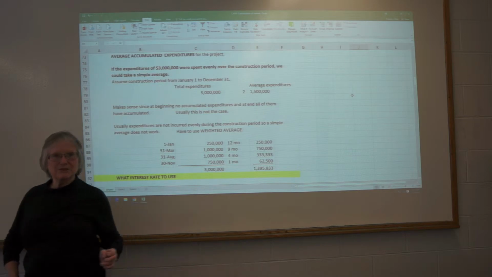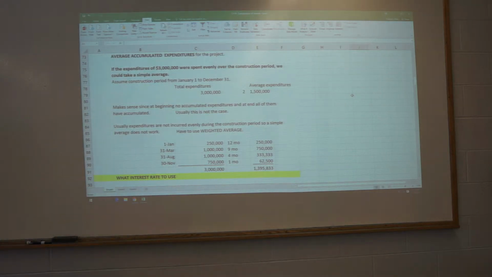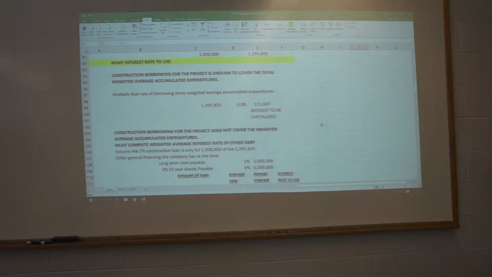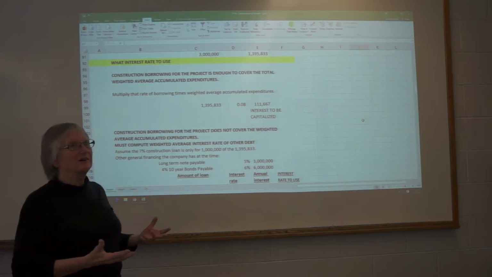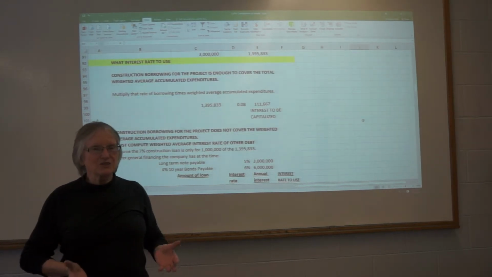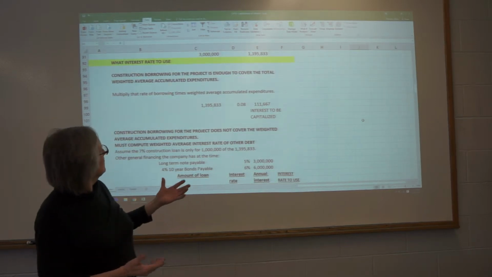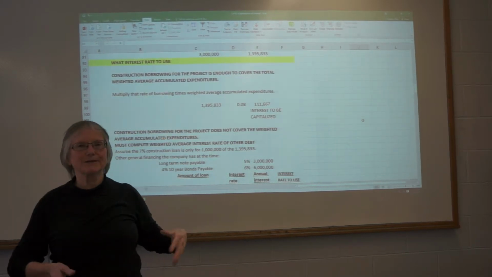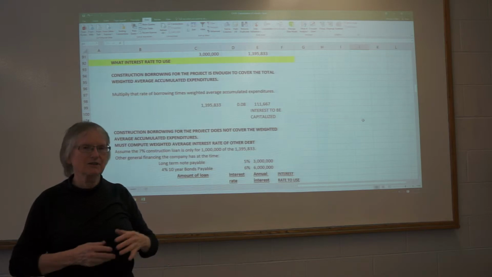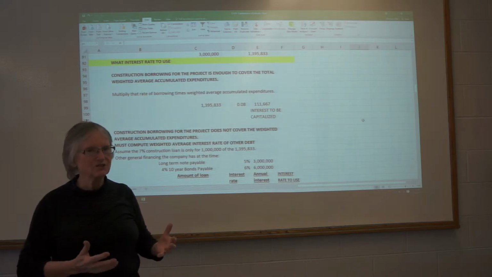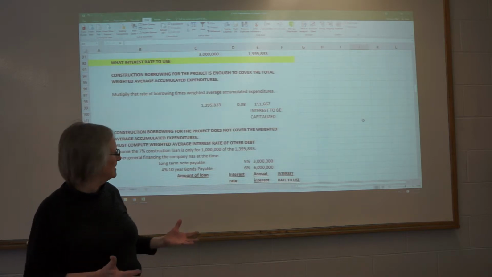Then we have the matter of what interest rate to use. It's easy if you are financing the construction. If you've got a $3 million project and you got $3 million in financing, that's easy. You just use that interest rate, whatever you're paying on it.